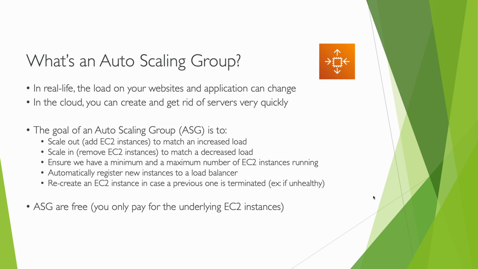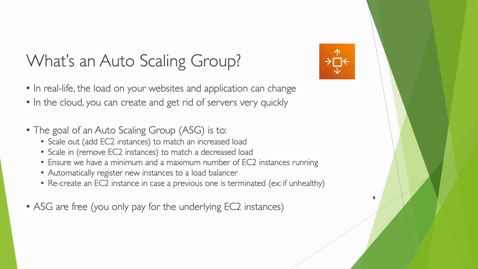So these are the goals we are going to see today. Auto scaling groups are free and you only pay for the underlying EC2 instances. That means AWS will not charge anything for creating auto scaling groups, but for the instances you use with the auto scaling group, you need to pay for the EC2 instances per hour.